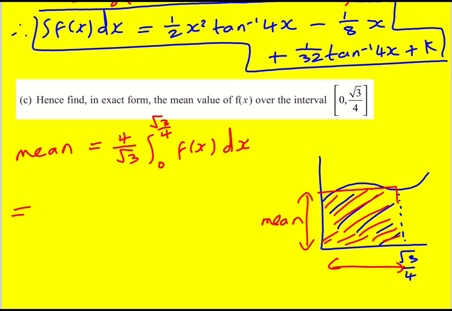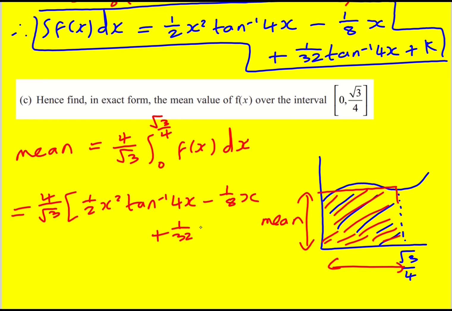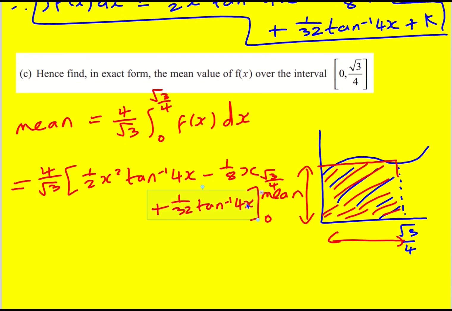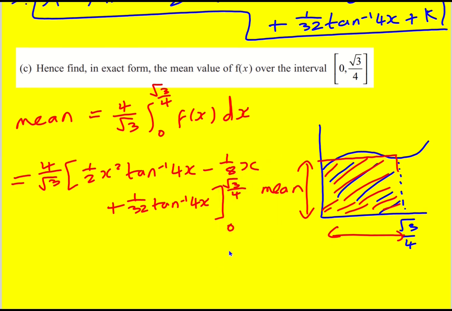Now we've just done the integration, so all I've got to do is sub in to this answer up here, a half x squared, etc. Okay, and of course we don't need the arbitrary constant here. Let me just move it because it's kind of impacting on my sketch. All right, perfect.